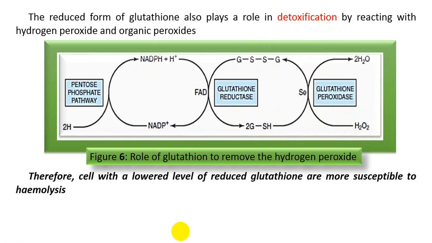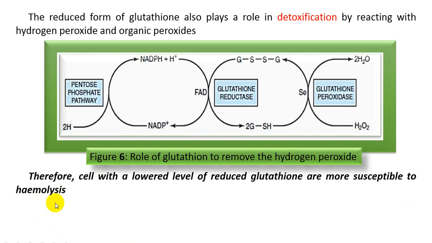The conclusion from these three functions, we can say, therefore, cells with a lower level of reduced glutathione are more susceptible to hemolysis.